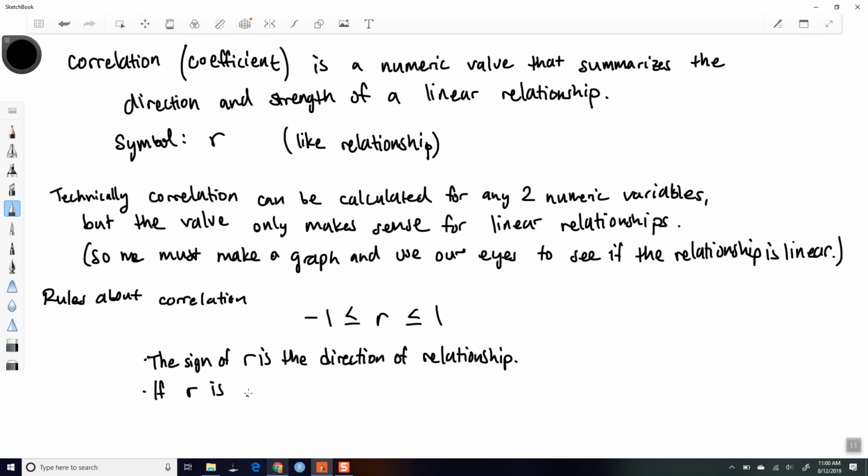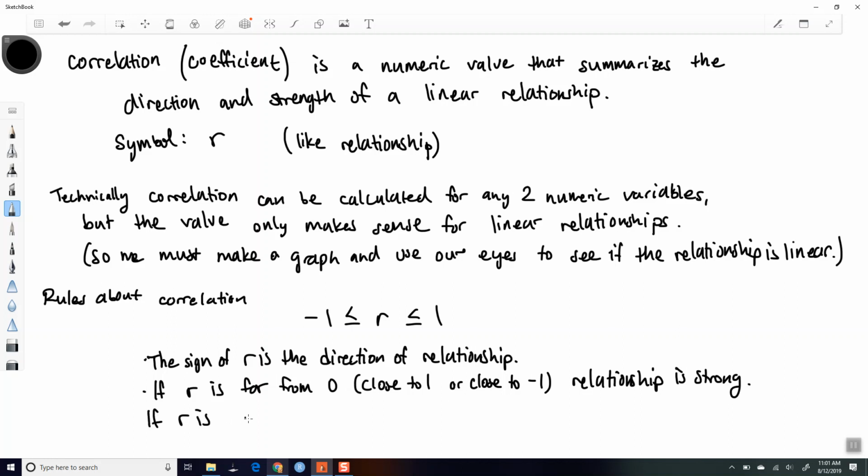If R is far from 0, so close to 1 or close to -1, the relationship is strong. And if R is close to 0, the relationship is weak. Okay.